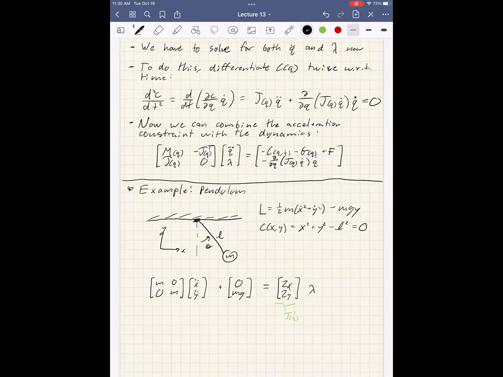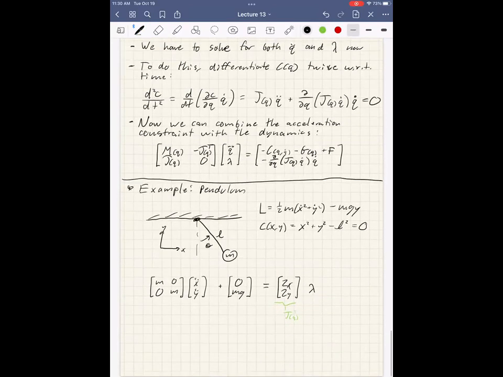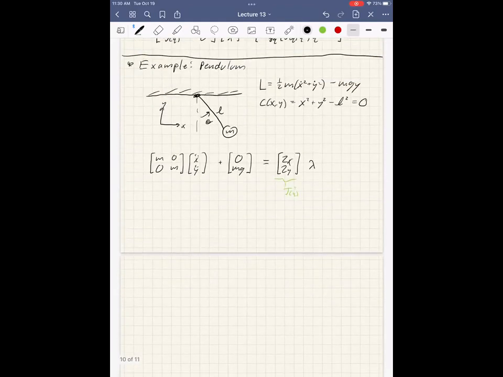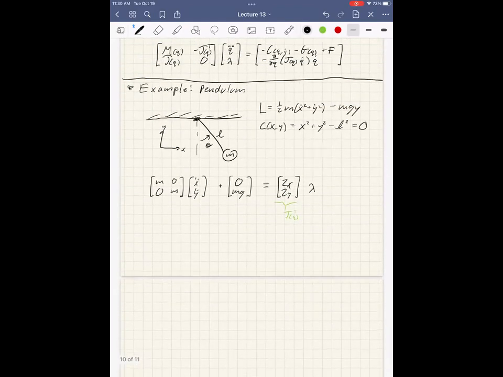Okay, so what I need to do now is write down that acceleration level constraint. So let's go ahead and do that. I need d squared c dt squared, which equals d dt of J q dot. If I fill it in, J is 2x, 2y, and q dot is x dot, y dot.